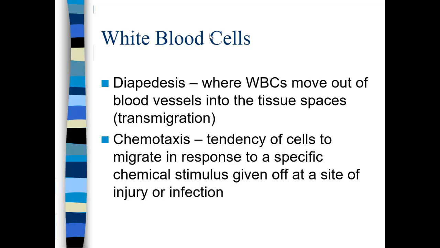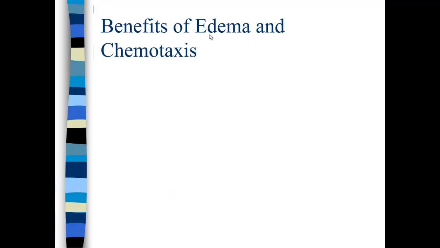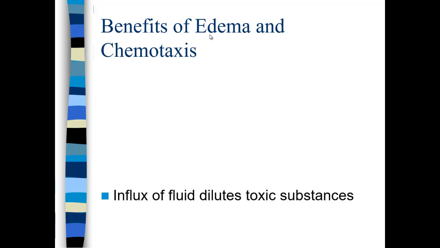The cells will migrate in response to specific chemokines, chemicals, and these chemicals are released at the site of infection. So we want edema and chemotaxis, at least in the short term, so we can provide fluid to flush away bacteria. We can also use chemotaxis to get white blood cells on the scene, and the white blood cells then can attack the foreign invaders.